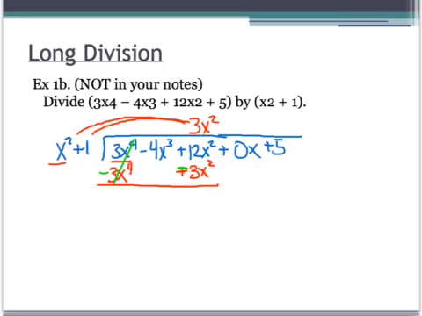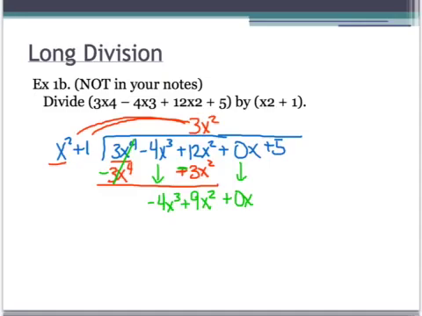I have 12x squared plus a negative 3x squared, or you can simply think of it as 12x squared minus 3x squared, and you get 9x squared. And then everybody knows that we need to drop our next term. But at the same time, I also need to go back and drop this term, the negative 4x cubed. If I haven't used it yet, if there are any before the 9x squared, you still need to drop those terms.